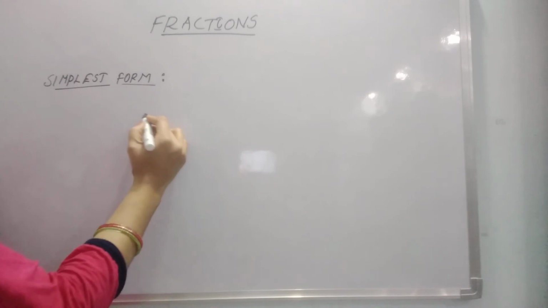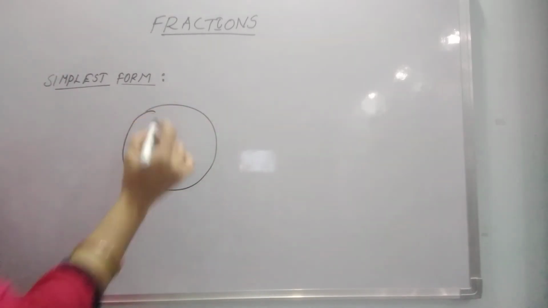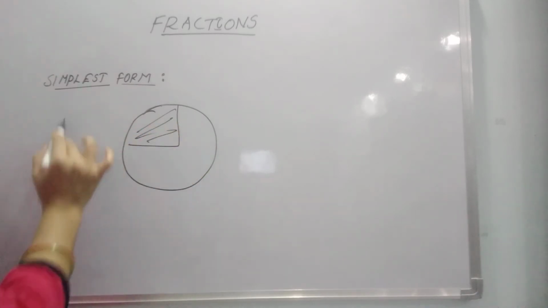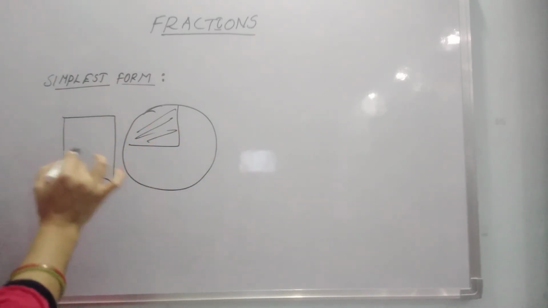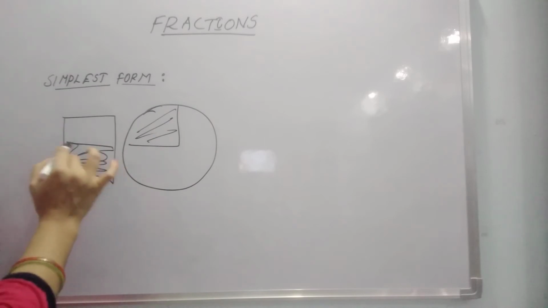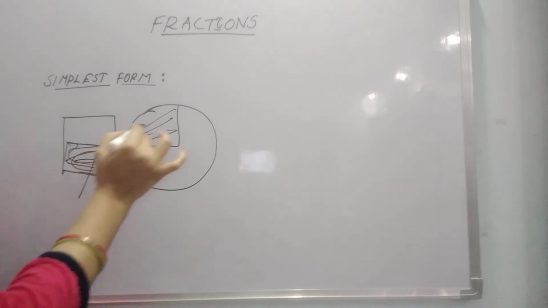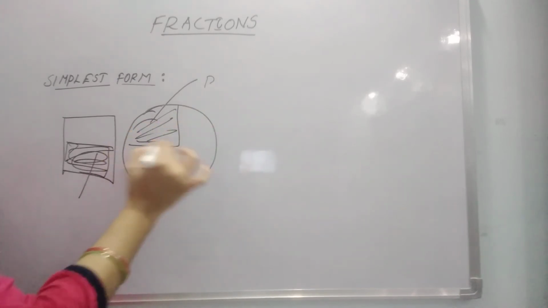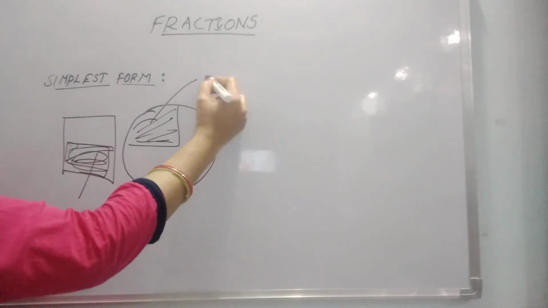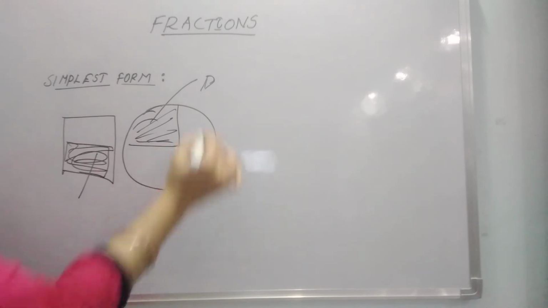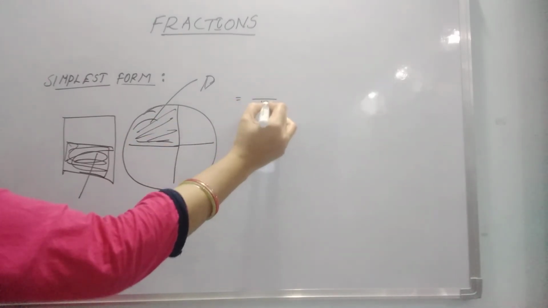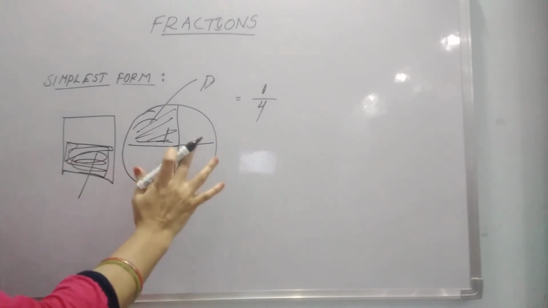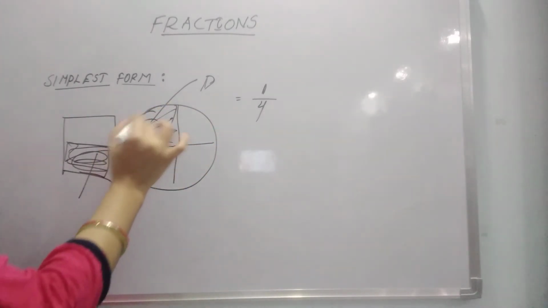If you want to say that in this whole, my share is this one part, we can write it as a fraction. These all are 4 parts. My part is 1. 1 by 4th is my part. So we can write fractions in this manner.